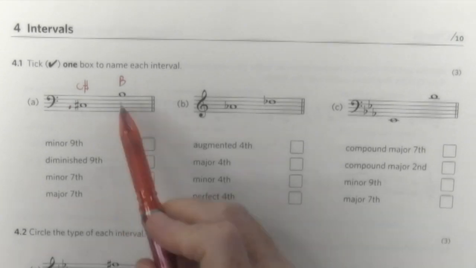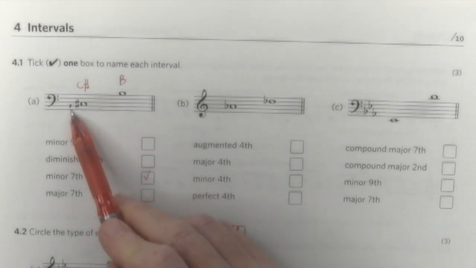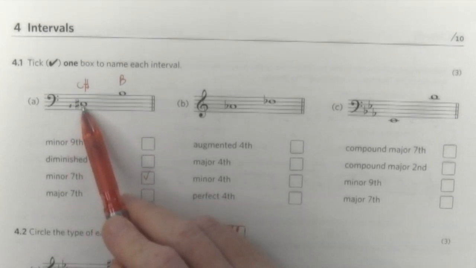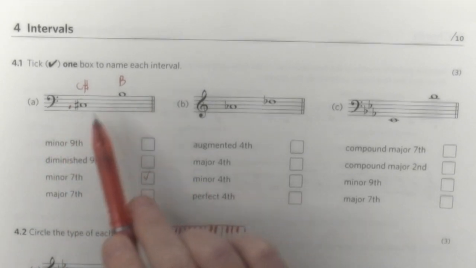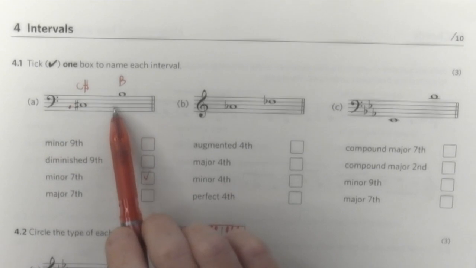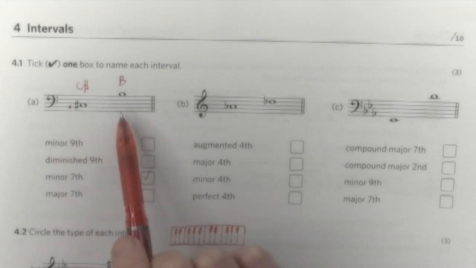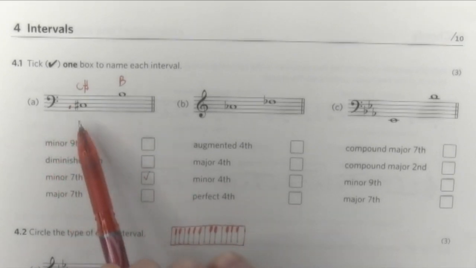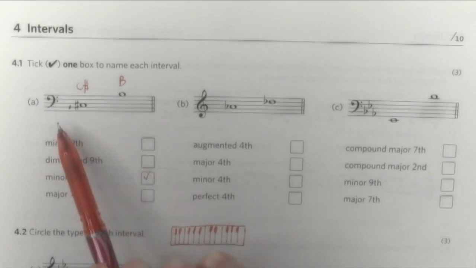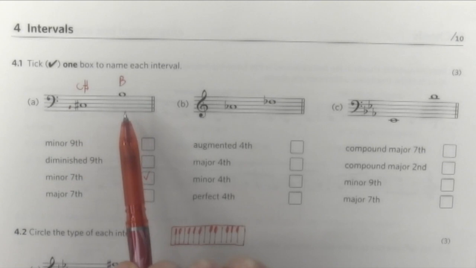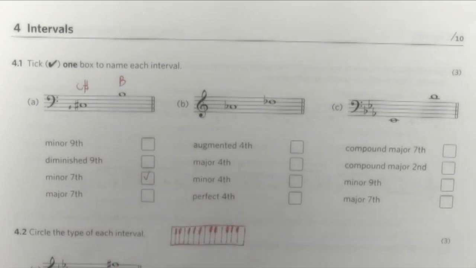So first we flip over the notes, then we identify the interval, and then we reverse the interval. So if it's minor, it becomes major. If it's augmented, it becomes diminished, and vice versa. The seconds become 7ths, and the thirds become 6ths. I can't make it easier than this, honestly.